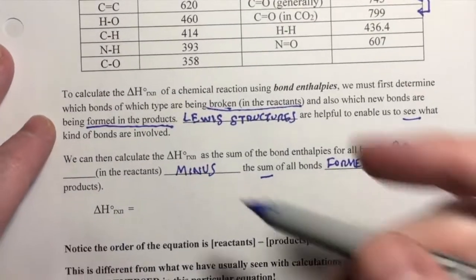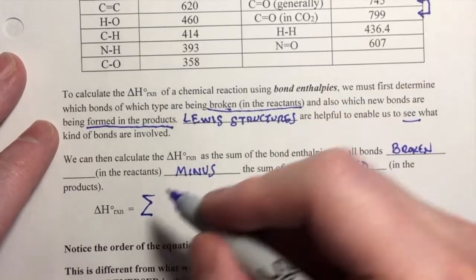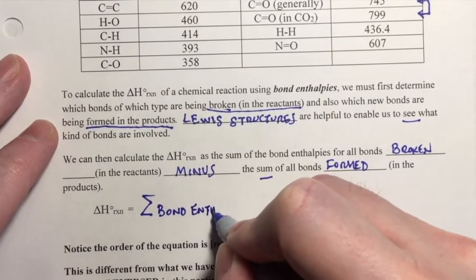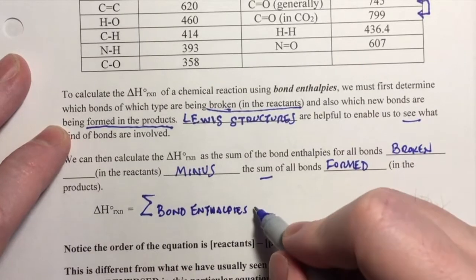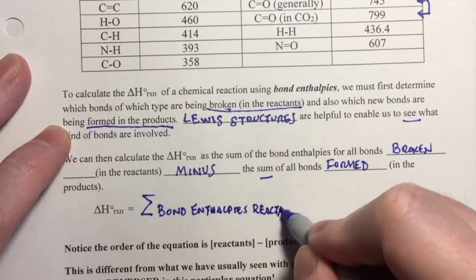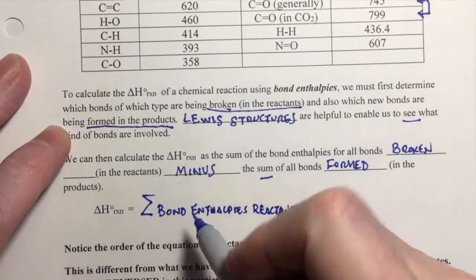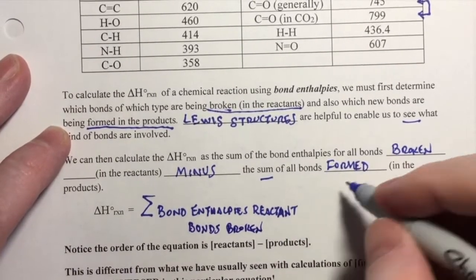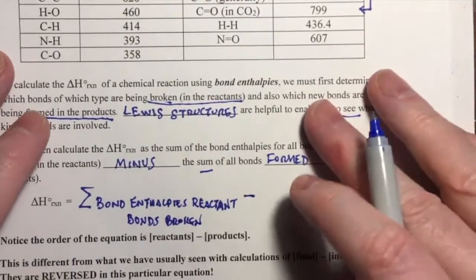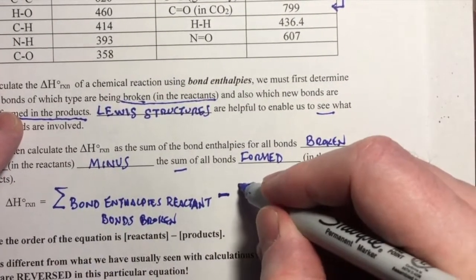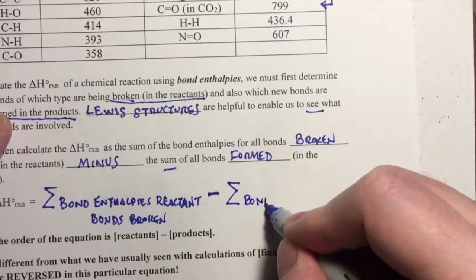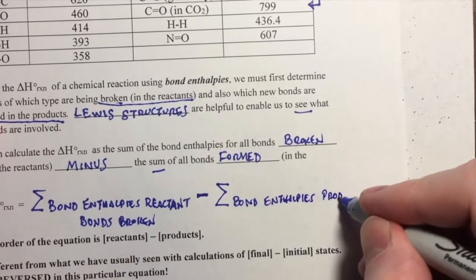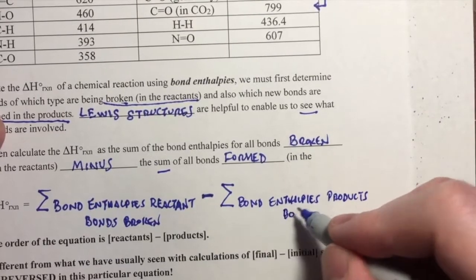Okay? So, it's the sum of the bond enthalpies for the reactants, specifically the reactant bonds broken, minus the sum of all of the bond enthalpies for the products, specifically for the bonds, new bonds formed.